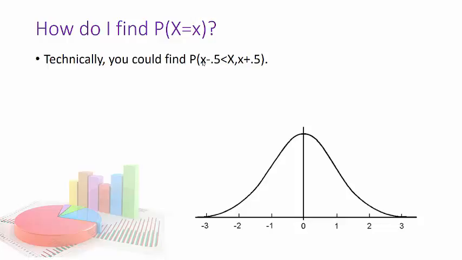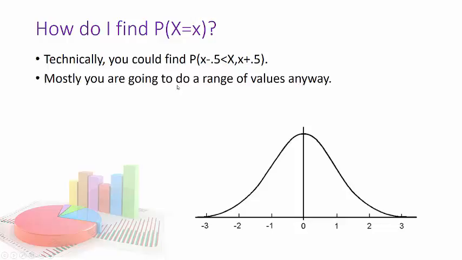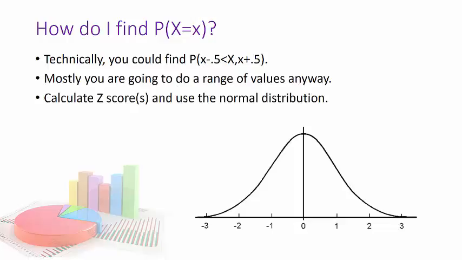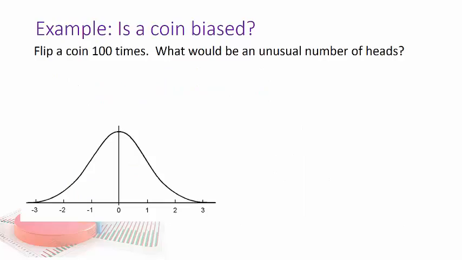You could say the probability from 19.5 to 20.5. Now, we're not going to do a lot of that in this chapter. Mostly you're going to be doing a range of values anyways. And basically, you calculate z-scores and use a normal distribution, as we did in the previous chapters.